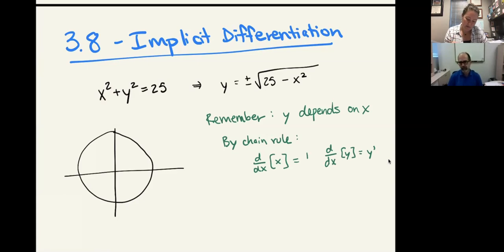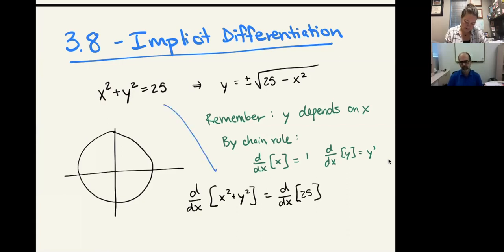Okay, so let's go through this. Let's take the derivative, with respect to x, of x squared plus y squared on the left side and of the right side. This is from my original curve.